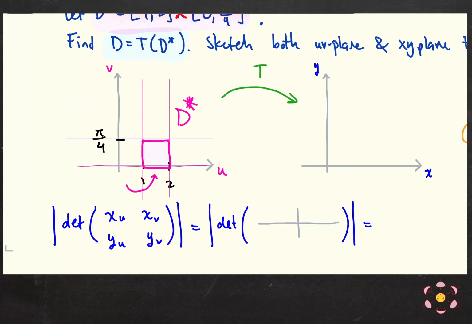What curve is this? Well, this is the curve v equals 0. The range of values for v equals 0 that I'm going to look at is u goes from 1 to 2. So that's going to be one piece. And what's the other one I want to look at? Let's look at this one. What is the range of values? This time the v's are varying up and down. v goes from 0 to pi over 4.